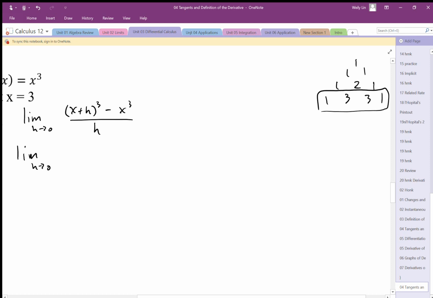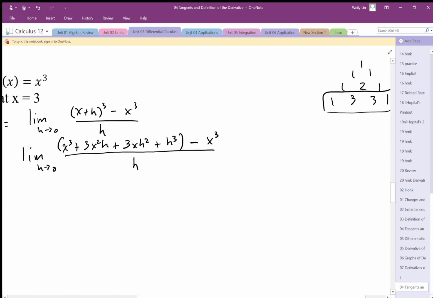But if I know the shortcut here, I know this is going to be 1x cubed plus 3x squared h plus 3xh squared plus 1h cubed. So it's following those coefficients. Okay, so there's my expansion, minus x cubed, and that's all over my run of h.